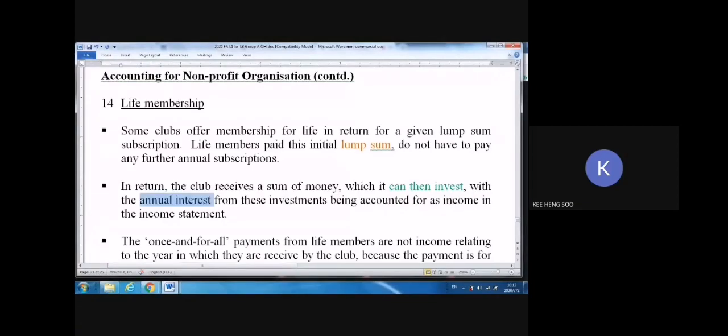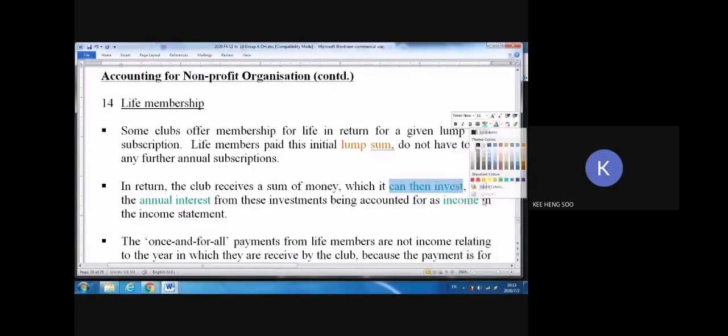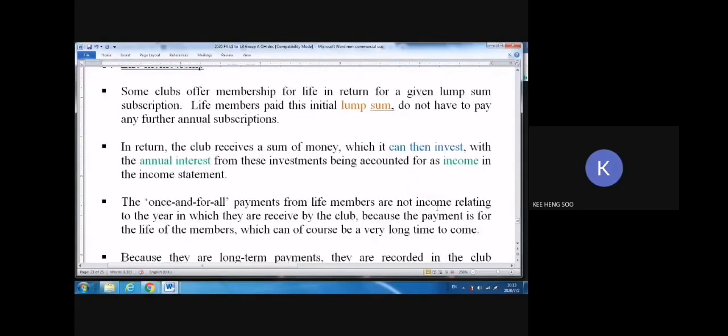Annual interest, this will be your income. Once you invest, it's called capital expenditure. So only income you can use. It is called once and for all.